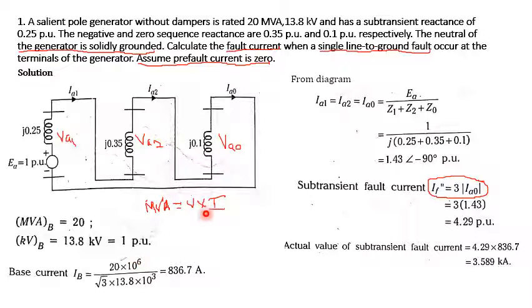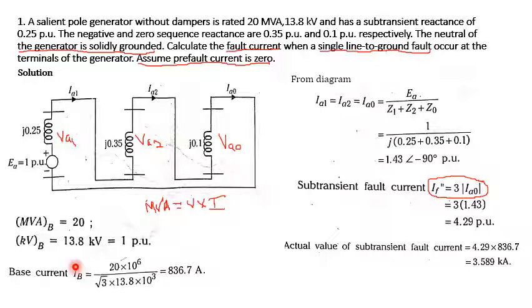What is the voltage here? It is 13.8, but unfortunately I forgot to mention that it is a 3-phase system. So V is 13.8 kV, that's why 10 to the power of 3, and root 3 is for the 3-phase system. So we get the value of the current I. You need to be very careful whether we are considering the actual value or the base value; here there is no such question.